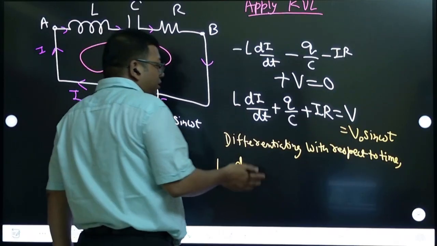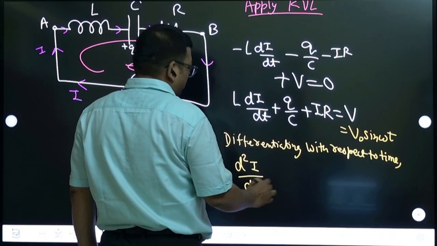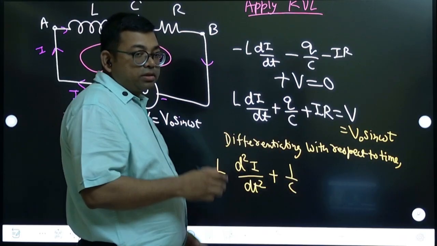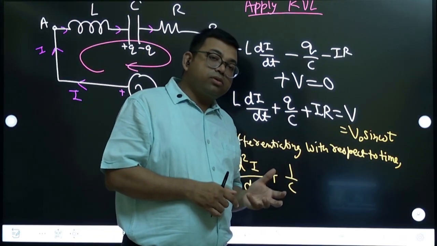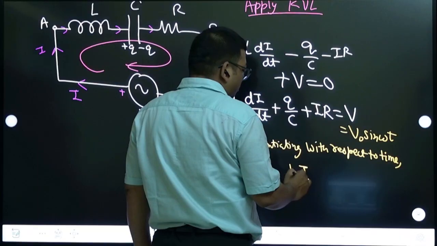So di by dt differentiated with respect to time becomes d square I by dt square. Then here 1 by C comes out. Q differentiation is dq by dt, and dq by dt is called current, right?